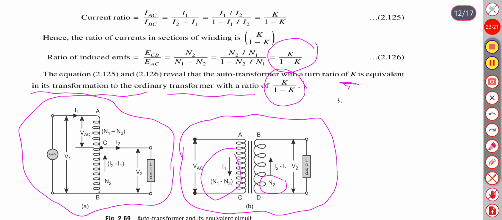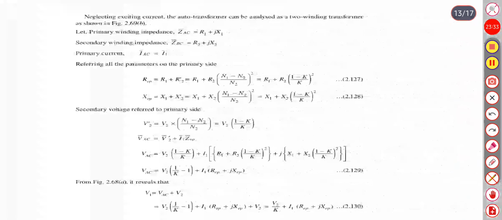Current in this circuit is I1, and in this I2 minus I1. Let the primary impedance be R1 plus jX1, secondary R2 plus jX2, primary current I1. So R equivalent will be R1 plus R2 ((1 minus K) upon K) square.